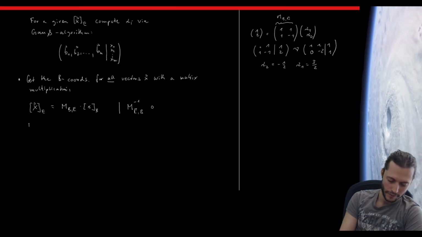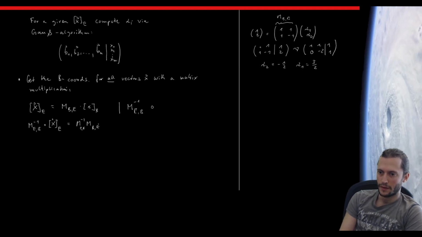So you get MEB inverse times x. You can also use a regular times sign. And now you have the inverse and the regular one. And you know what that yields if you know inverse matrices.